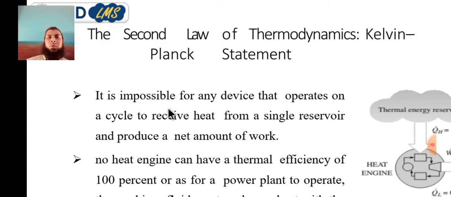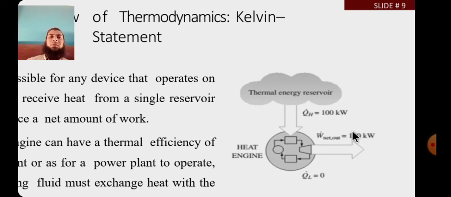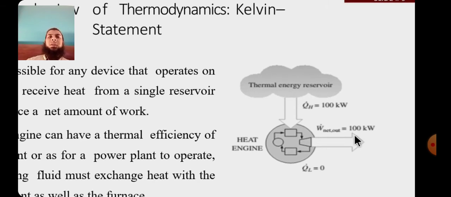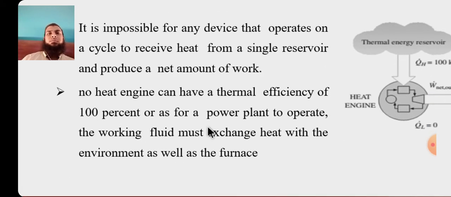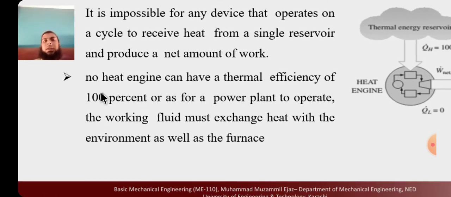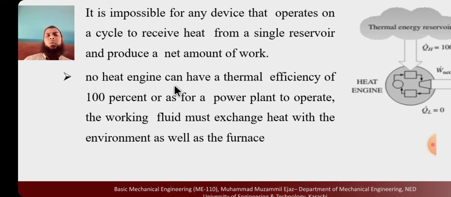That is, it is impossible for any device to operate in a cycle to receive heat from a single reservoir and produce net work output. For this example, it is impossible: no heat engine can get heat of 100 kilowatt and produce 100 kilowatt of work output. So in the second statement, no heat engine can have a thermal efficiency of 100%.